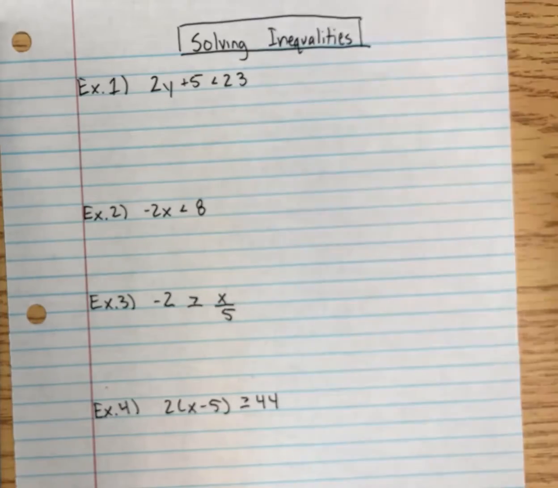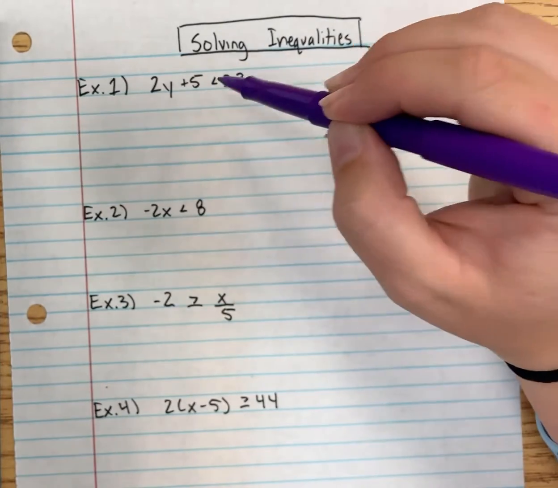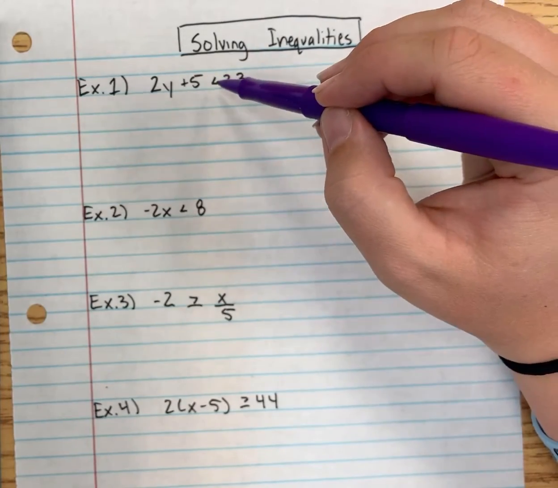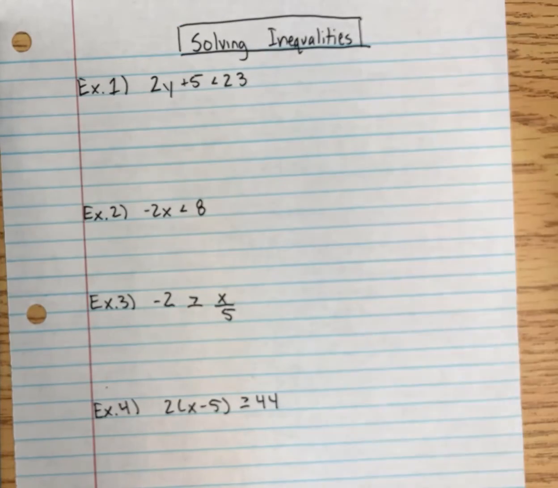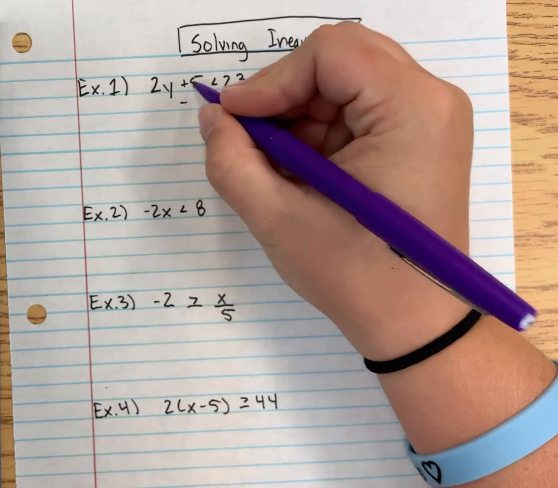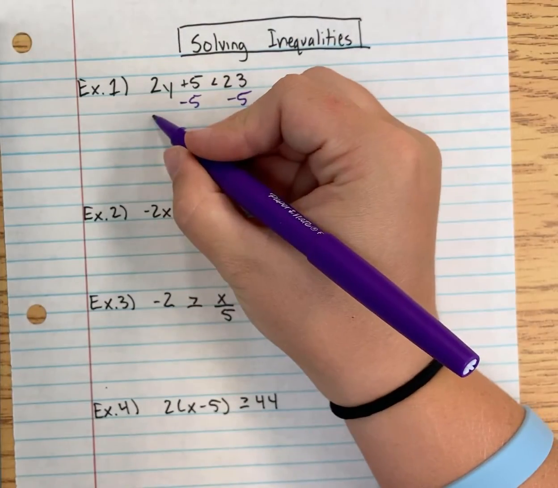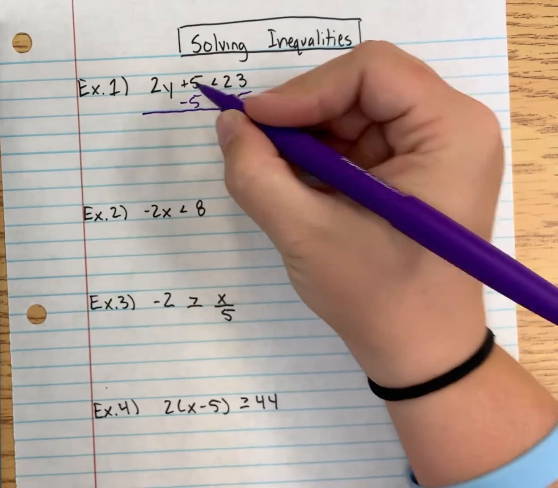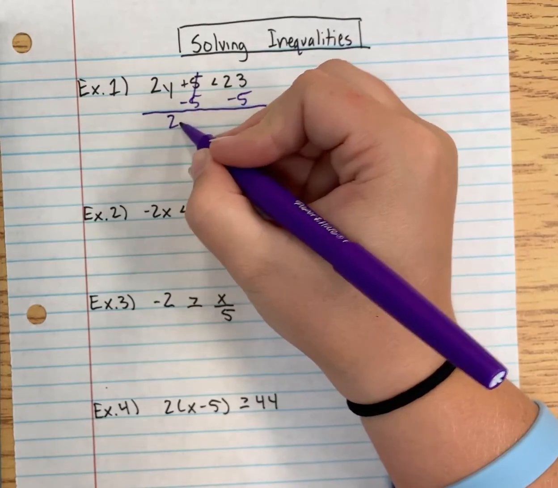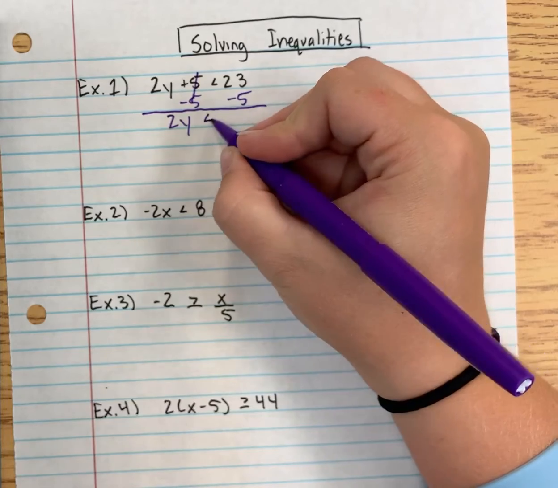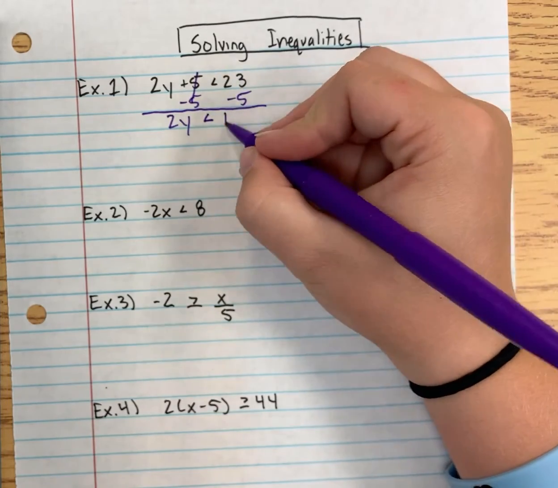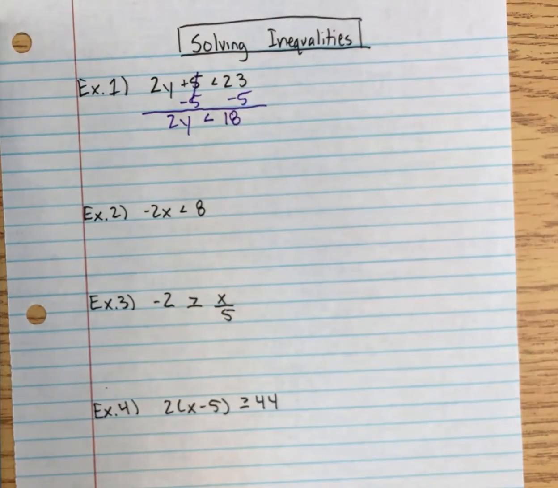When we're solving for y, don't let the different sign confuse you, okay? You still want to solve it like you would an equation. So you want to start by subtracting 5 from both sides. So now when you do that, that's a 0. So you end up with 2y is less than 23 minus 5, which is 18.